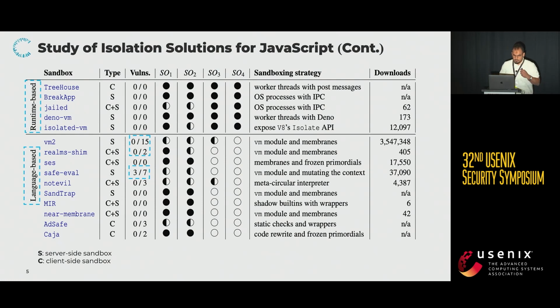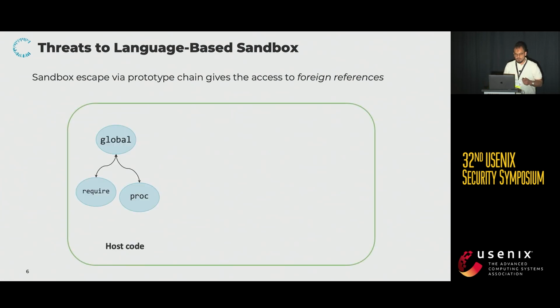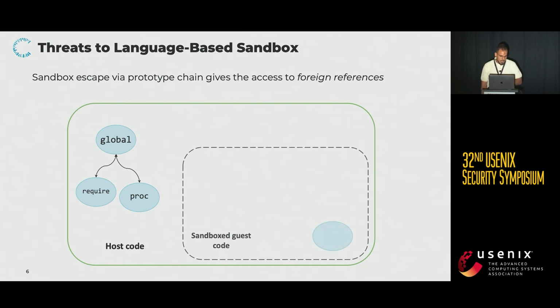According to the study that we performed, we studied those vulnerabilities and their patterns, and we came across a very shared pattern between them: the threat is basically to escape the sandbox by accessing foreign references. To explain such an attack, we start with the host code, which has the global object with some powerful APIs. And we have our sandboxed guest code inside.